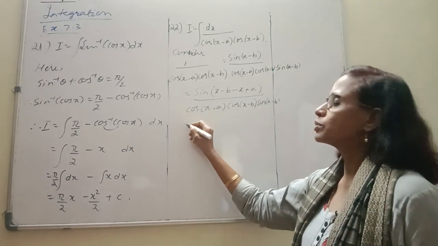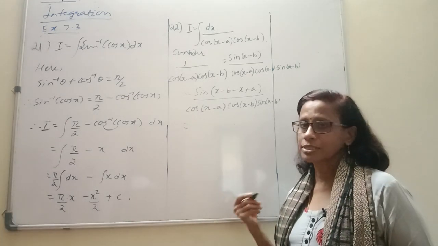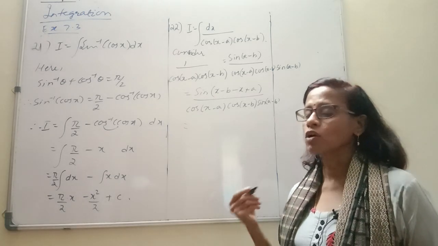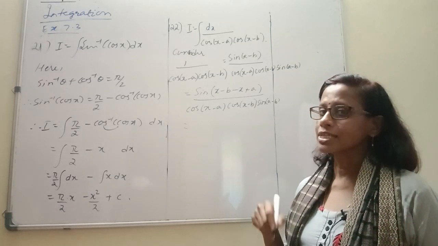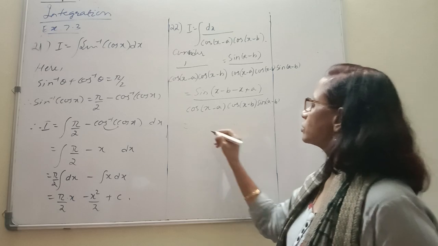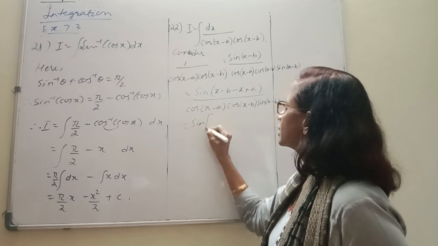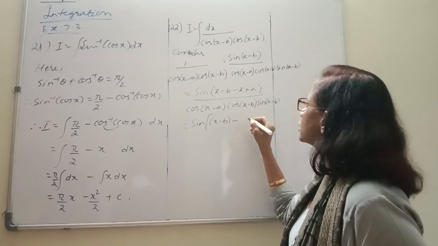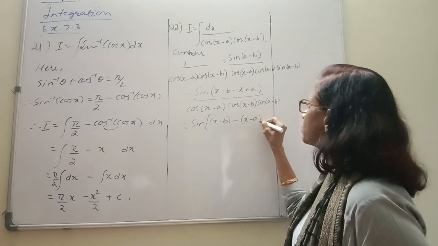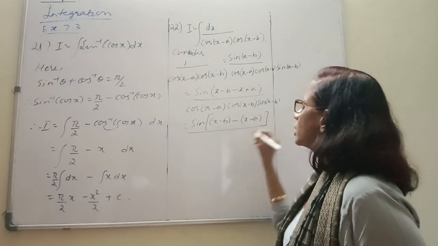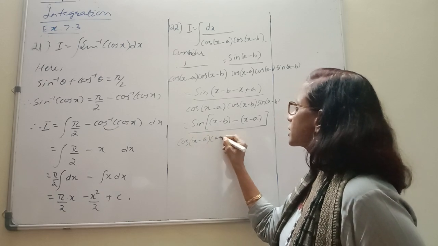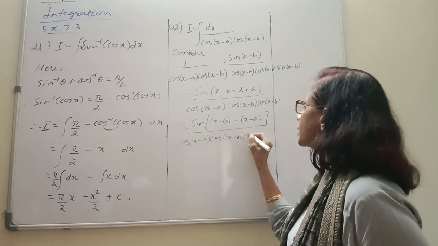Now, you know that sin of c minus d is sin c cos d minus cos c sin d. So let's use that formula, sin of x minus y is sin x cos y minus cos x sin y. So we get sin of x minus b cos of x minus a minus cos of x minus b sin of x minus a, and in the denominator you have cos x minus a, cos x minus b, and sin a minus b.